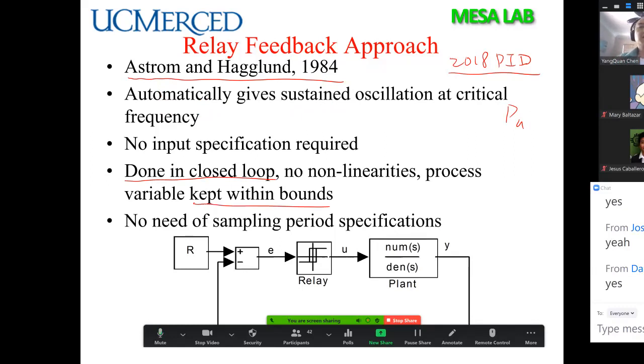You are not going to jump around like crazy and damage the system. This can also be analog. With an analog relay, the system starts to oscillate. If you don't have a computer, fine, you just make the system oscillate.